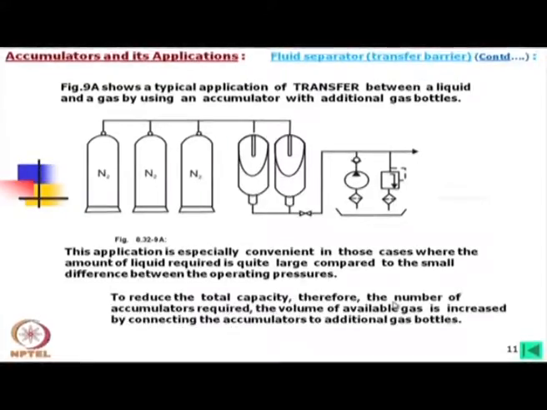To reduce the total capacity, and therefore the number of accumulators required, the volume of available gas is increased by connecting the accumulators to additional gas bottles. I see. So, we can add more bottles and by this we can reduce the number of accumulators.